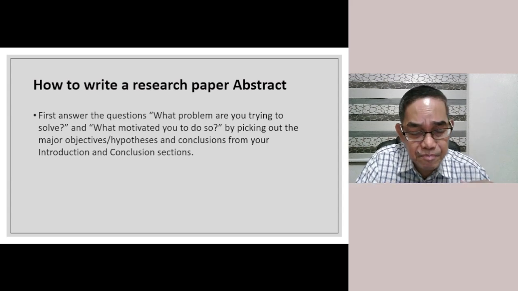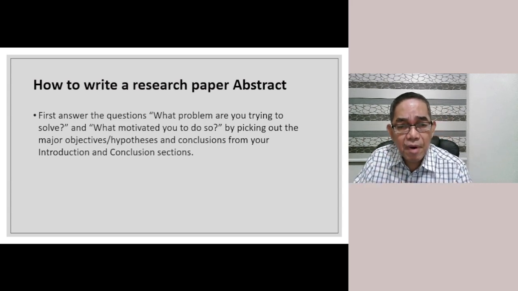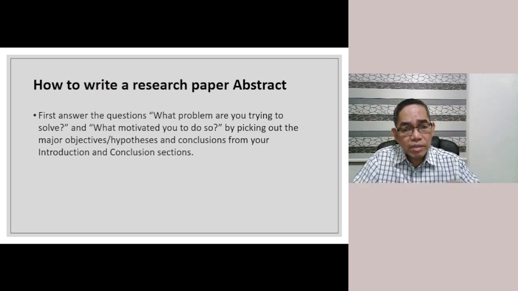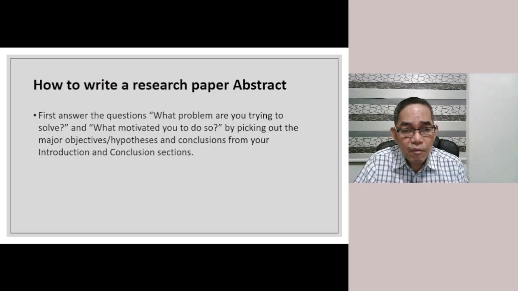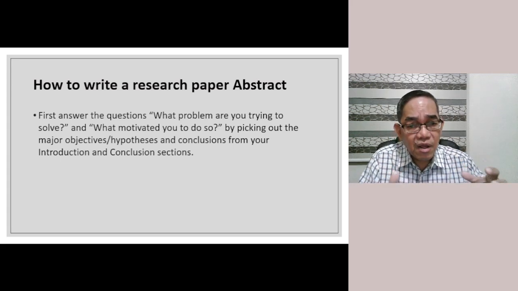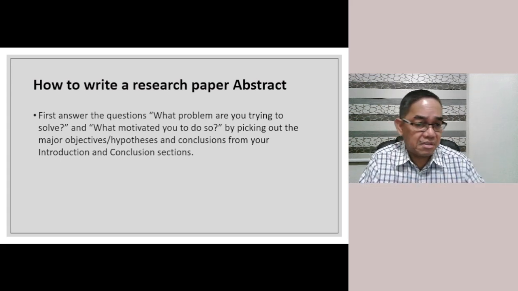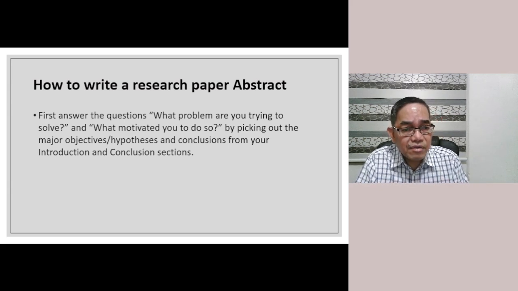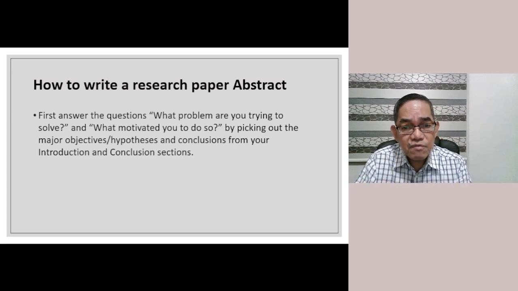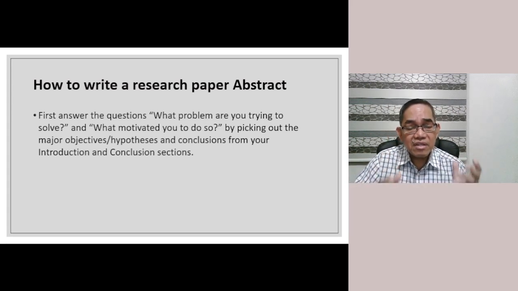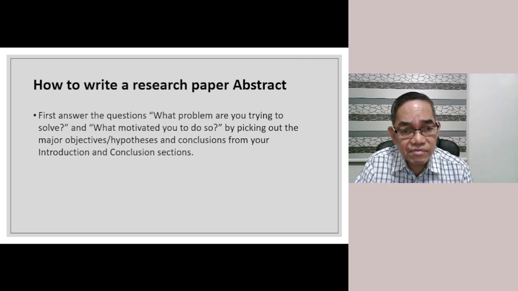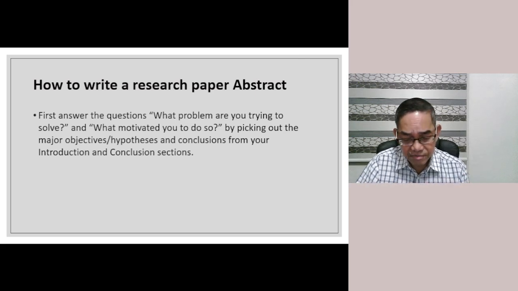Because research begins with a problem, so you need to tell us this background on the problem. What motivated you to do so? What's the rationale for your paper? Same as saying, pick out the major objectives, hypotheses, and conclusions from your introduction and conclusion sections. So, you look at your objectives, hypotheses, conclusions.